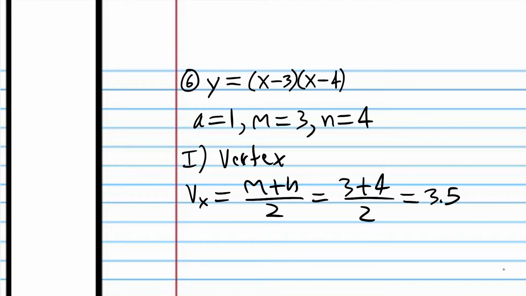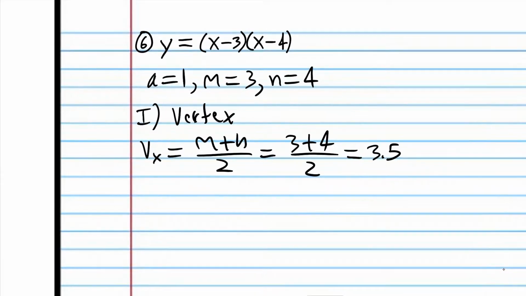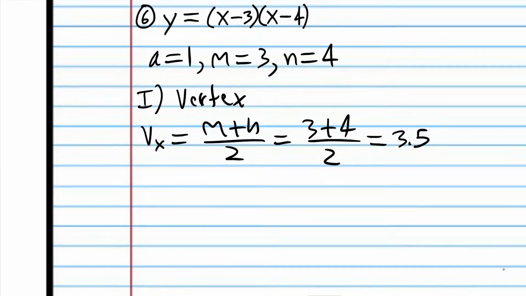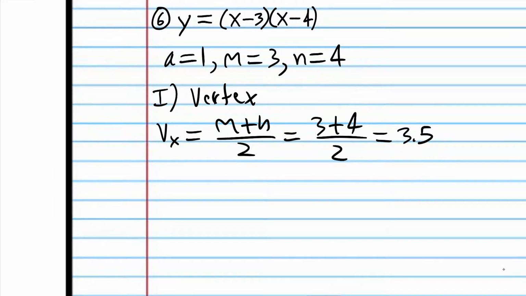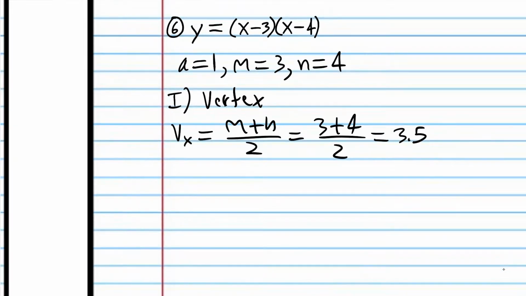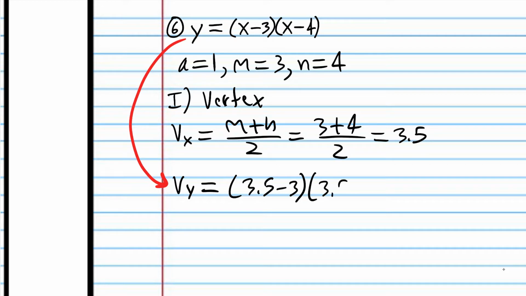And I know what you're thinking. You're thinking, I don't want to deal with the decimal. Well, I don't want to deal with the decimal either, but sometimes you have to do that. So let's see here. Now we're going to plug that in to find the y value of the vertex. So we have 3.5 minus 3 times 3.5 minus 4.